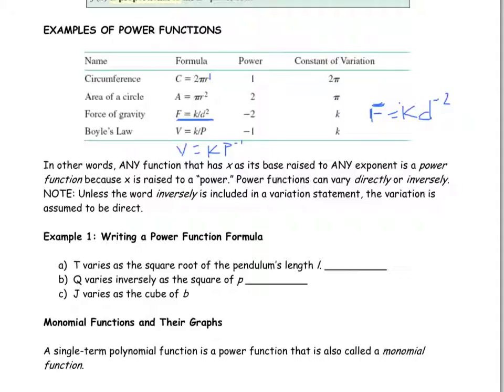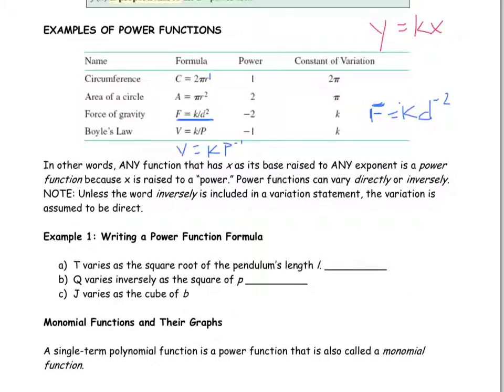It's y equals kx. So if I'm multiplying my slope, or my constant, times x, this is an equation of a line, it just doesn't have a y-intercept, it always goes through the origin. It's a monomial, but this is direct variation.